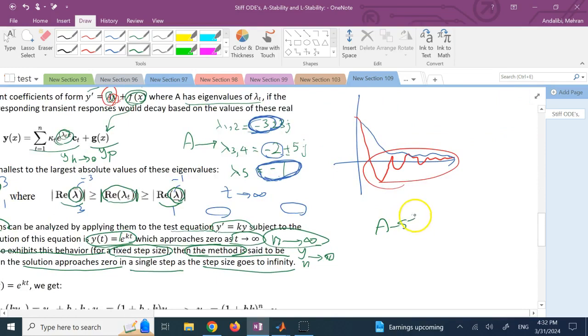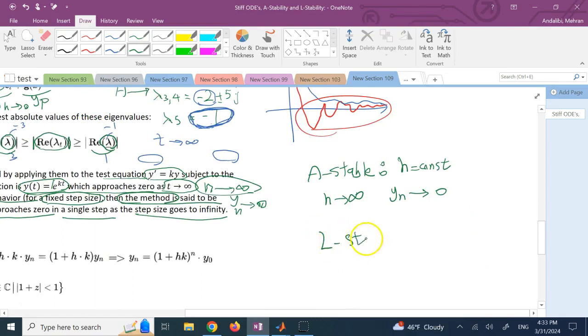A stable means h is some limited constant number, and it's not very big, and as the number of iterations gets large, your solution goes to 0. On the other hand, L stable means you only use one iteration, but this h can be very large. Still, y of n, or y of 1 in this case, goes to 0. Then we call it L stable.